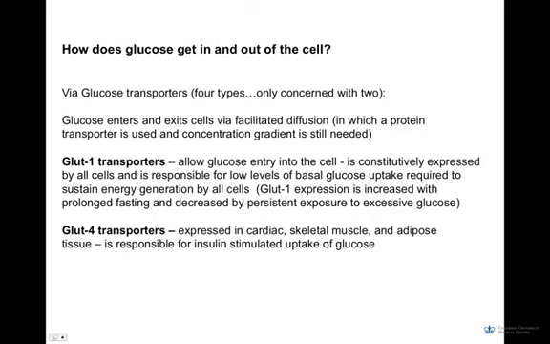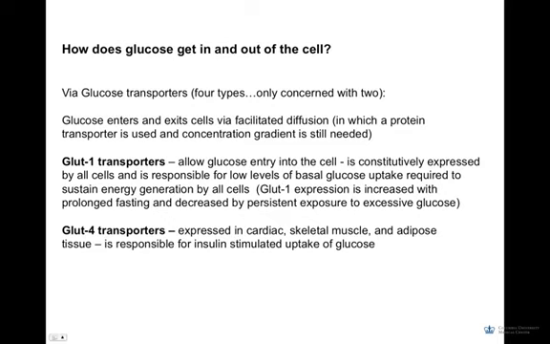In fact, GLUT1 expression is increased with prolonged fasting and decreased with persistent exposure to excessive glucose. So there is some modification of the expression of GLUT1 transporters under significant conditions, but in general it's something that's found on all cells that just allows for a very, very small, basal amount of glucose to enter all cells.